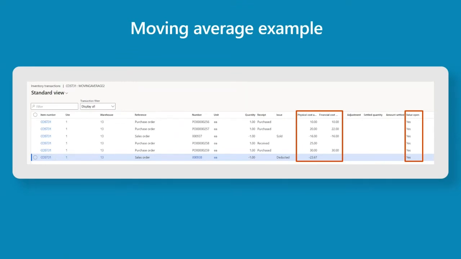So you'll notice here, if we look at the physical cost amount posted on our final transaction, it includes that purchase order that's received but not invoiced in the calculation for that transaction. If we have a discrepancy between the physical cost amount and the financial cost amount, that's posted to a separate expense account, which can be defined in our setup parameters, which account we want to use for that. Anything to add there, Rachel? Nope.